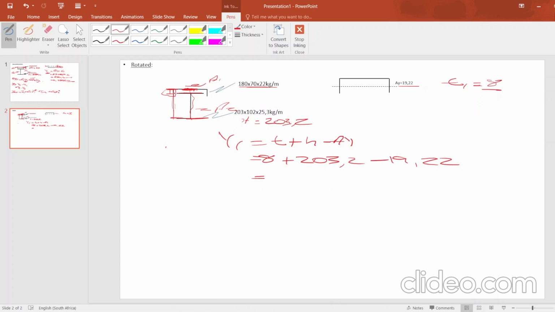Anyway, the minusing part of it is based on a given principle. When we were doing the area moment, we said when you are having an area within the area, we will then have to minus the small area from the big area. Then we get the rest of the area that we need to work with. This principle is based on that.